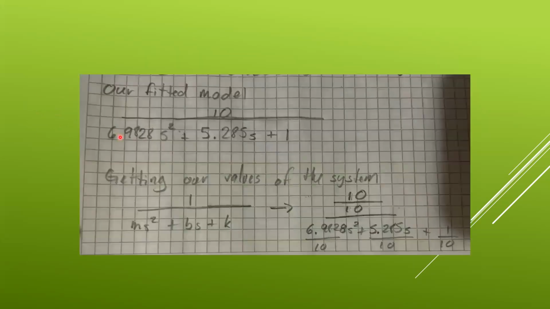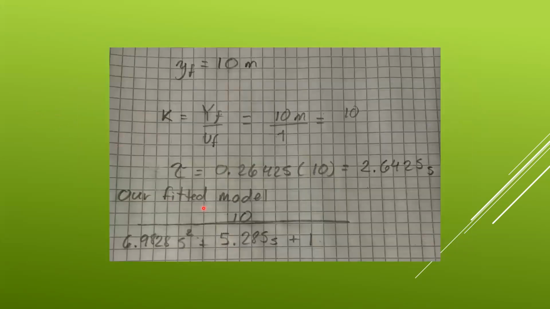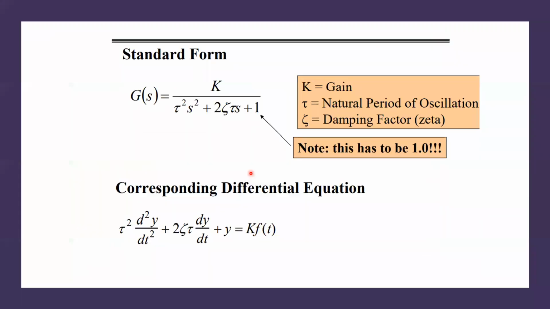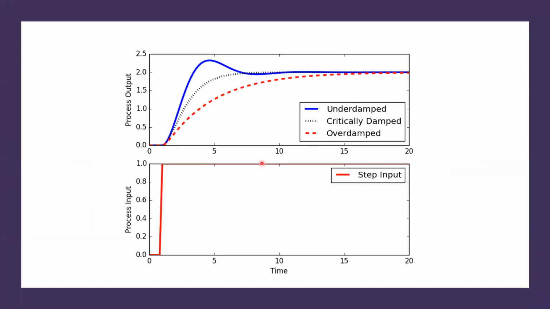Finally, with help of Simulink, I graphed our fitted model this way in order to see what we will get. What we expect would be a behavior like this graph, which is critically damped.